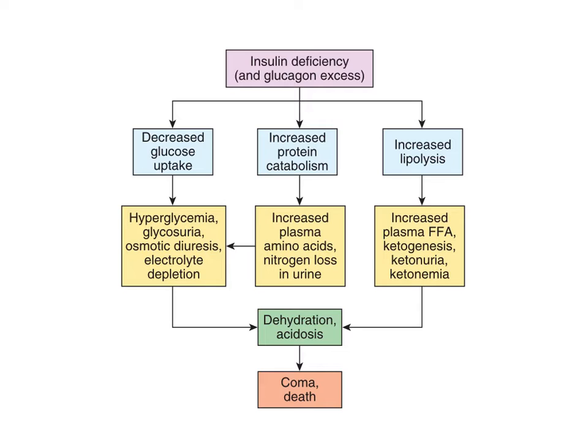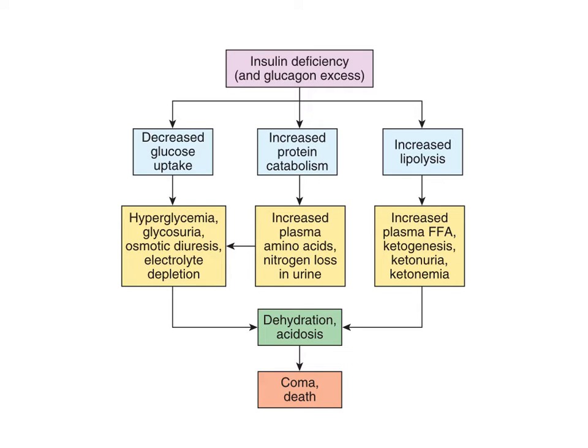You can see, decreased glucose uptake into the cells ends up with hyperglycemia and glycosuria. With that, osmotic diuresis and electrolyte depletion. Increased protein catabolism and breakdown of fat cause weight loss in these patients.